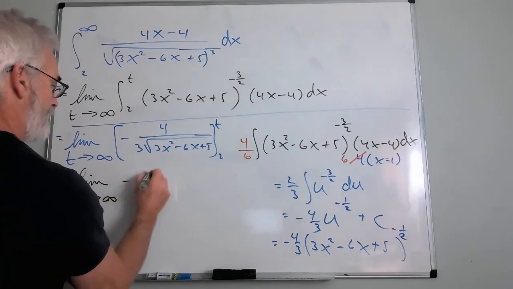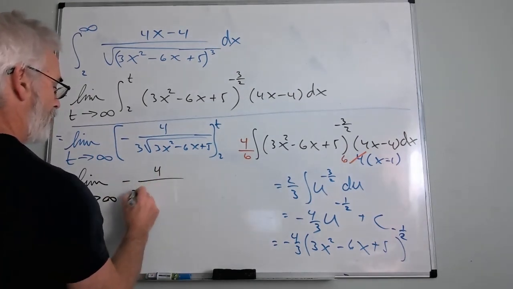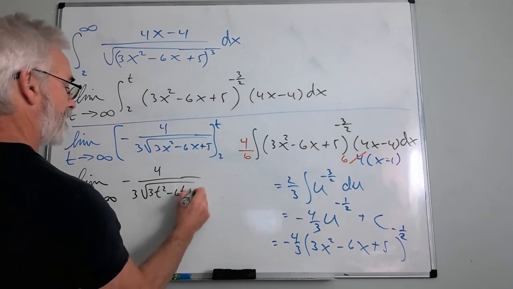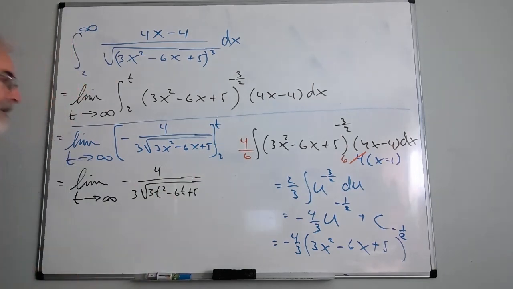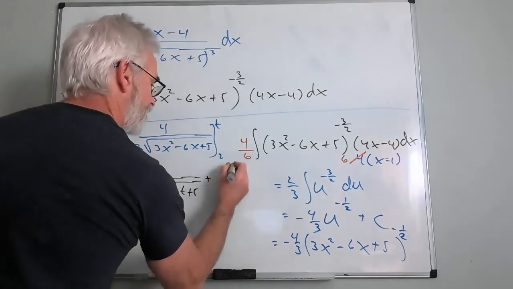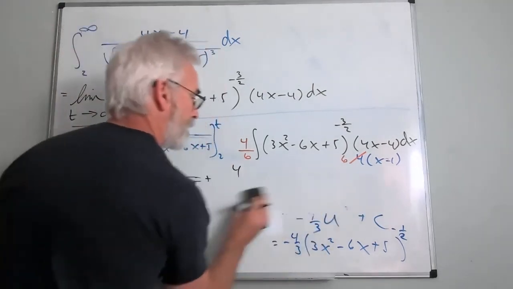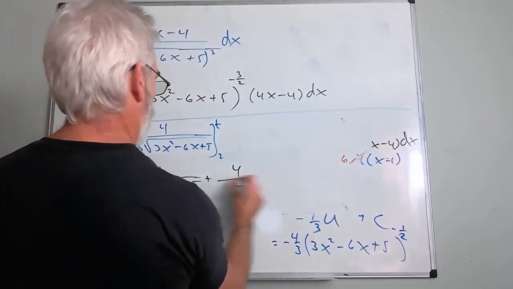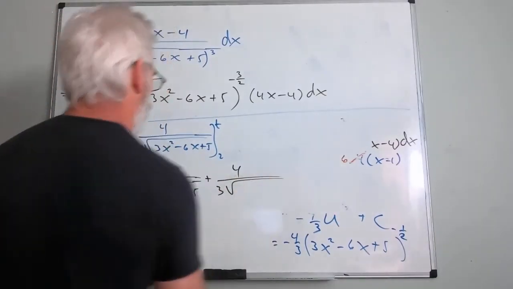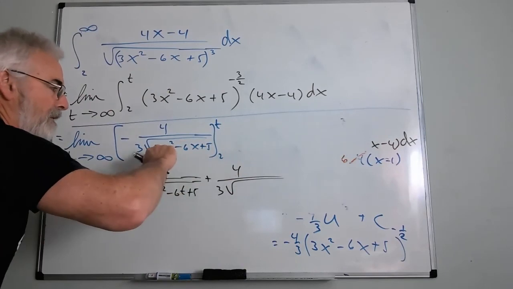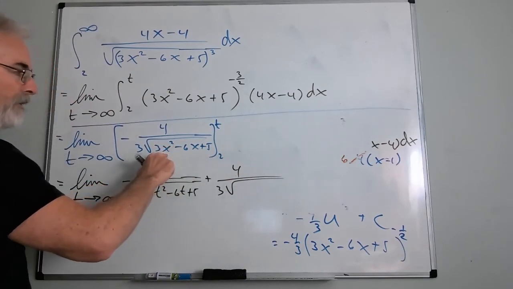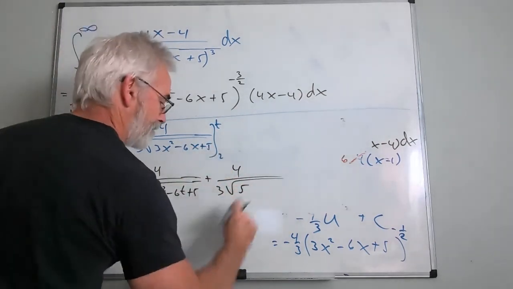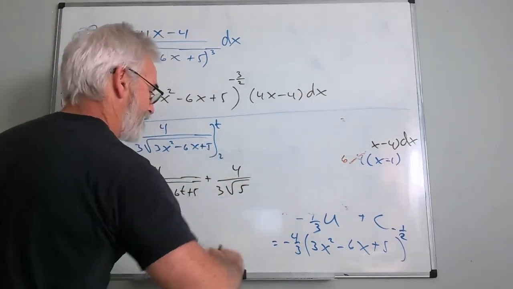So this will be -4/3 times the square root of 3t squared minus 6t plus 5, minus, so that would be plus 4/3 times what? 3 times 2 squared, that's 12, minus 12 plus 5.